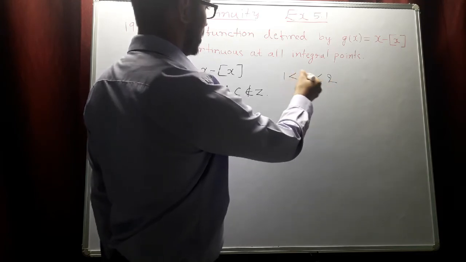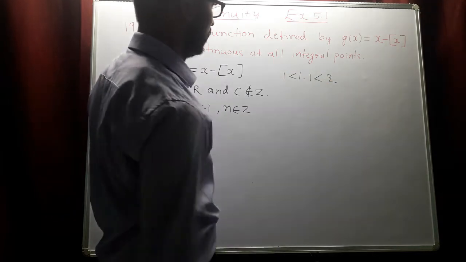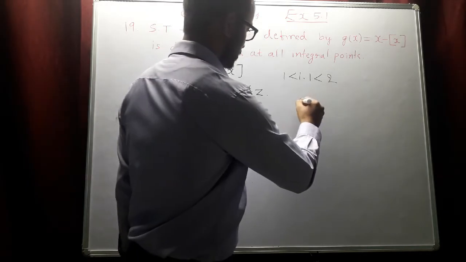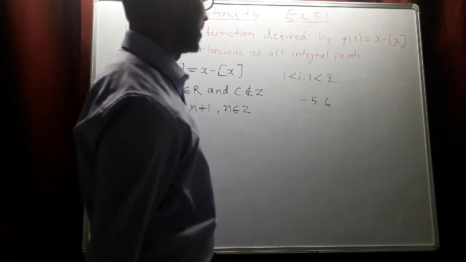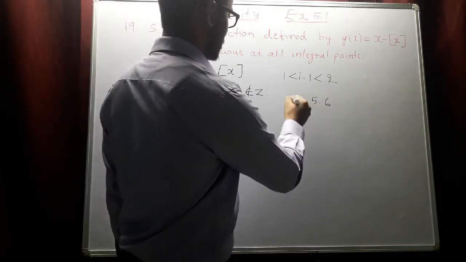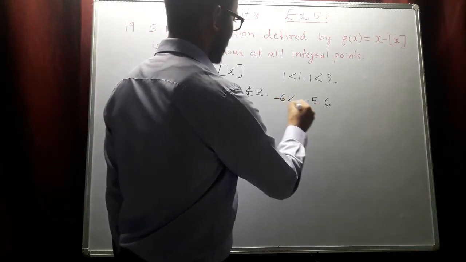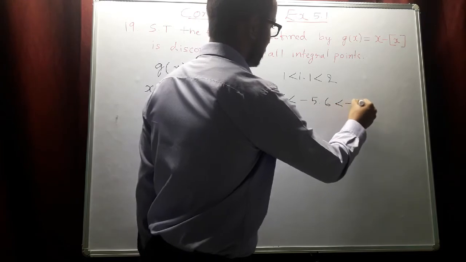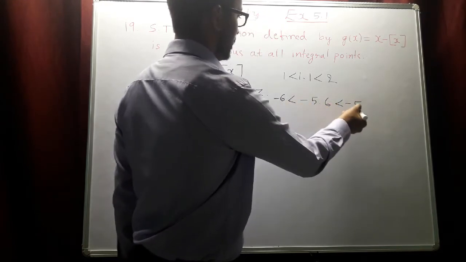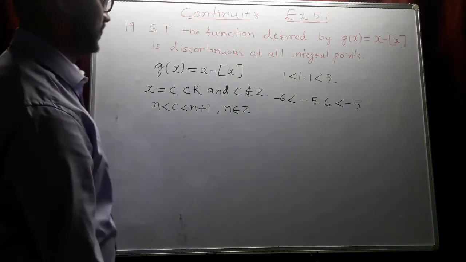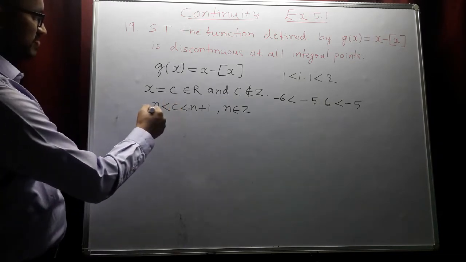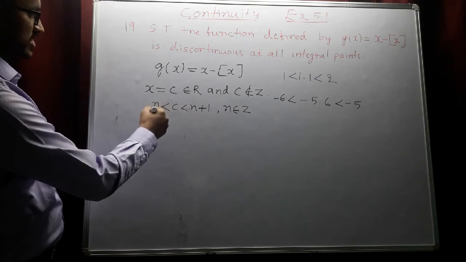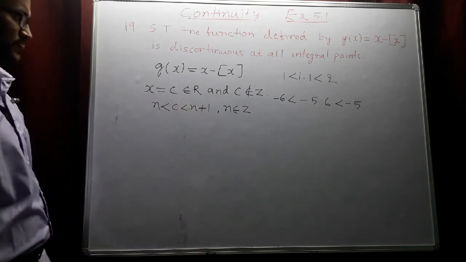Similarly, minus 5.6 lies between minus 6 and minus 5. So that is n and n plus 1. So we are writing c which lies between the integers n and n plus 1.